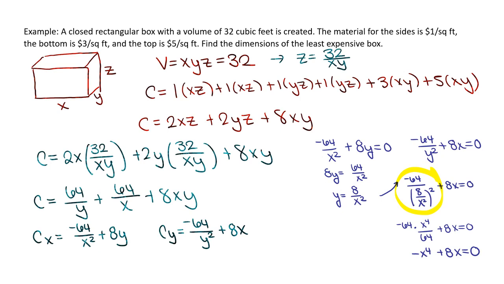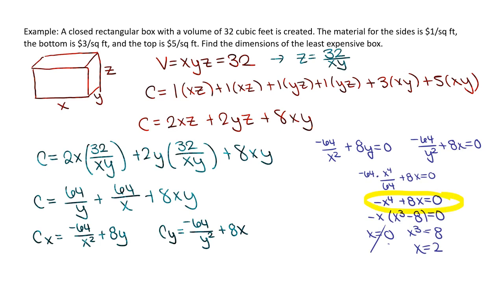So negative 64 divided by 64 over x to the 4th, copy dot flip, that turns into negative 64 times x to the 4th over 64. And then we still have the plus 8x. And then I'm going to cancel those 64s out, and I'm left with negative x to the 4th plus 8x equals 0.